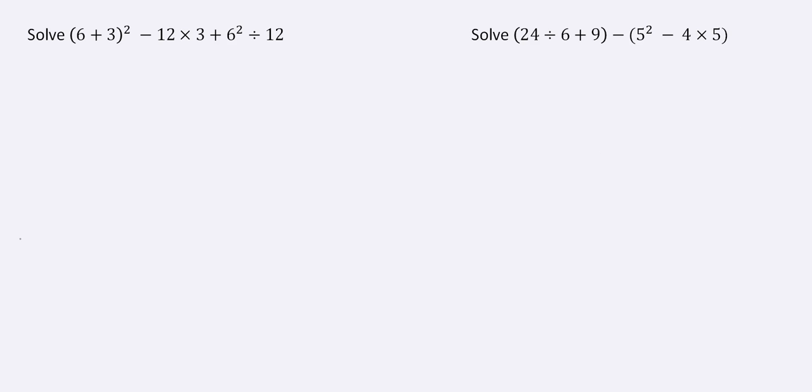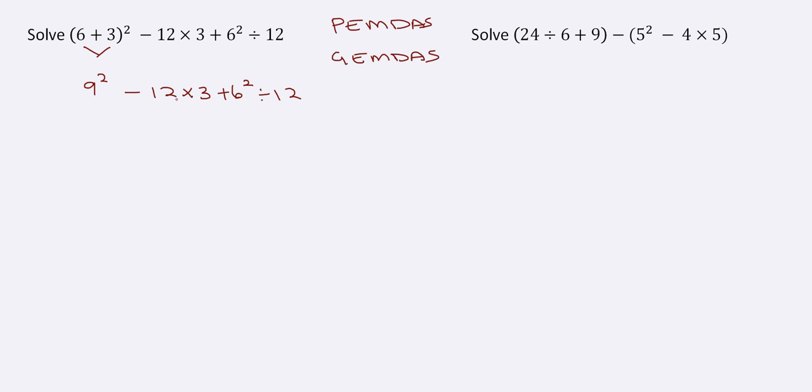Let's try another set of examples. We're going to always start off by showing our PEMDAS and GEMDAS. Okay, so parentheses, we have it right here. So 6 plus 3, this is 9 squared minus 12 multiplied by 3 plus 6 squared divided by 12.